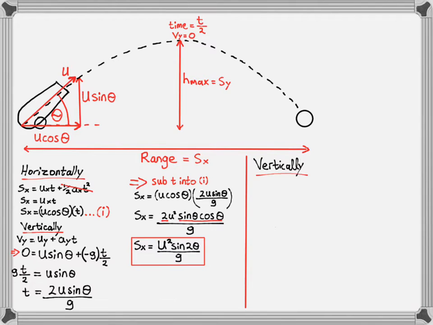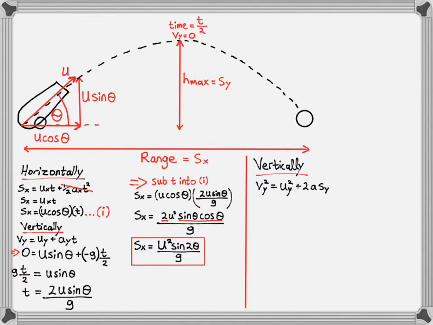So what about our equation for the maximum height? Now we're going to talk about the vertical direction. So we need an equation in the vertical direction which involves displacement in order to get the maximum height, but that doesn't involve time. So great, we already have one. V squared is equal to u squared plus 2as. And we're talking about the maximum height, which occurs at a final velocity of 0 meters per second.